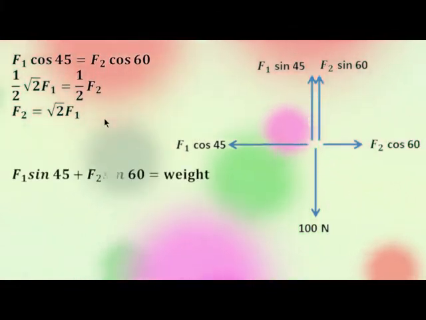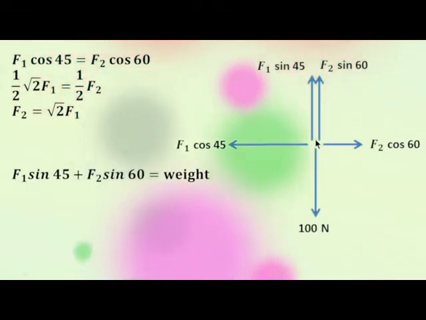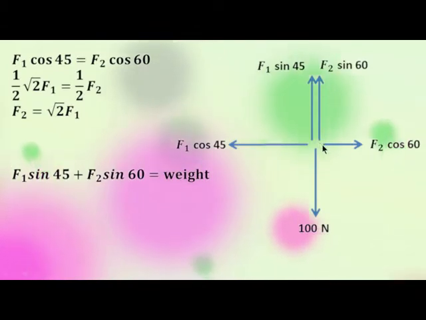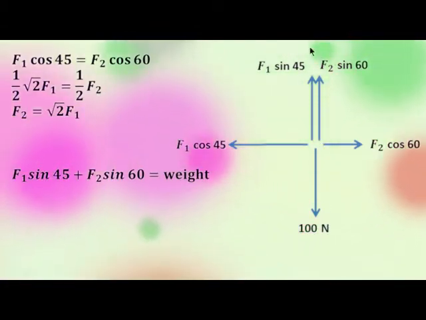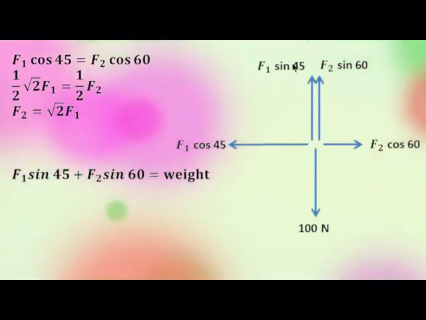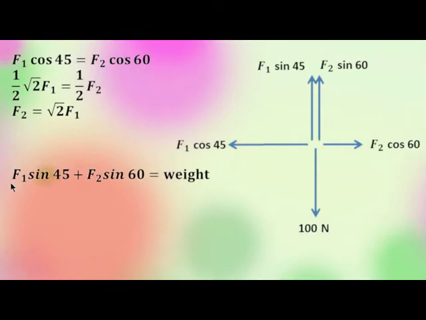How about the y-axis? Remember, this is equilibrium. The force that acts upward equals the force that acts downward. Since there are two vectors that act upward, we add them together: F1 sine 45 plus F2 sine 60 equals the weight.